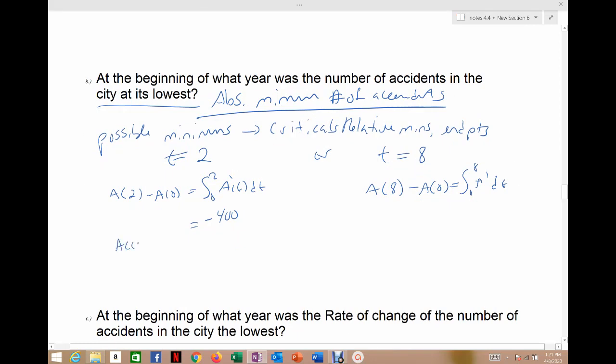So the accidents decreased by 400 from where they started. Let's see if that's higher or lower 8 years later. Well, we've got to add up my area. So I know my first area is negative 400. Second area was positive 1,240. And then negative 410.